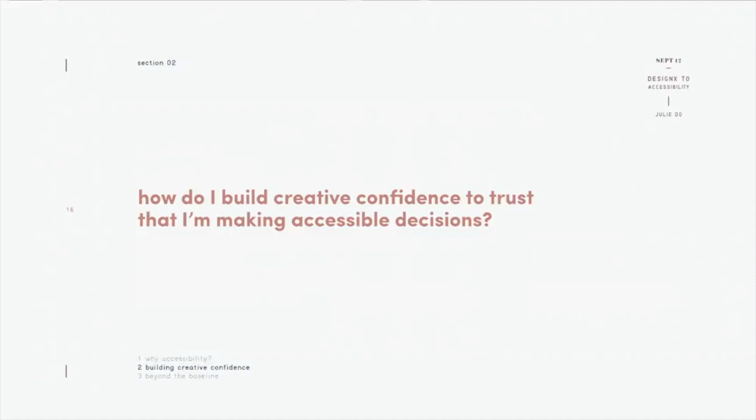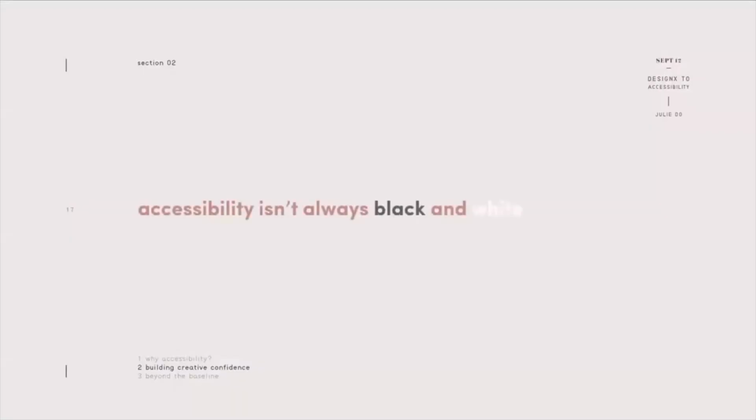Some things in accessible design are a lot clearer and more definitive, but there's a lot of decision making we do as designers day to day that no one has an answer for. So how do we ensure that we're continuously pushing our accessibility standards? I'm going to talk about that in this section. It's about learning to build our accessibility logic.